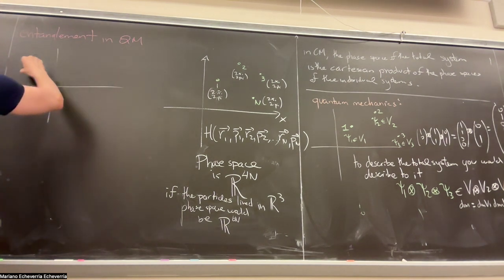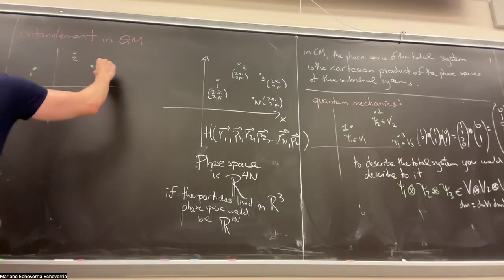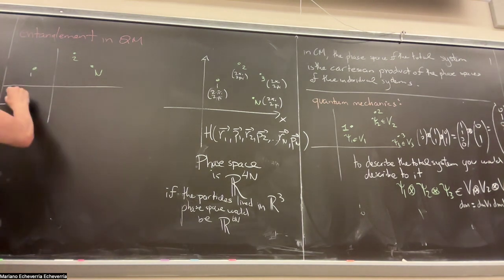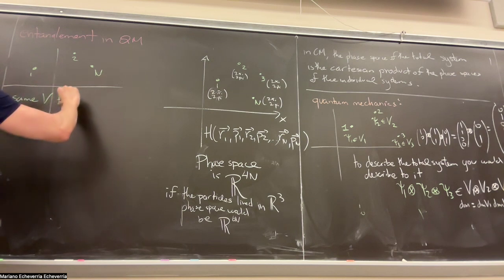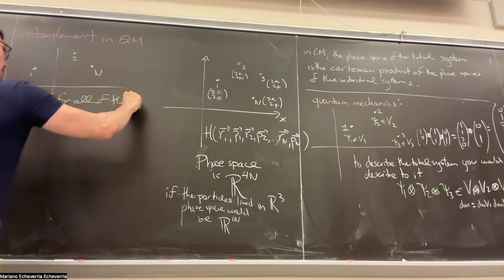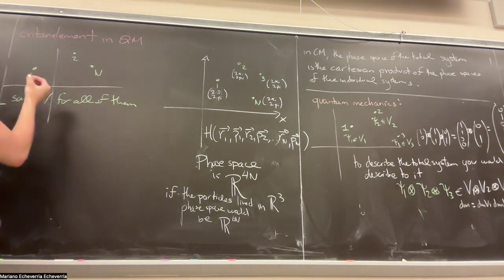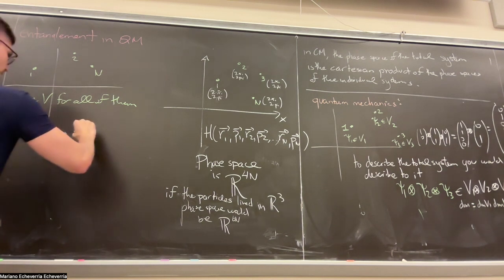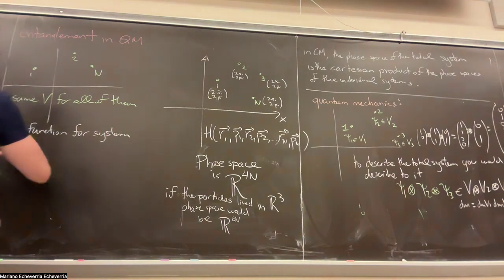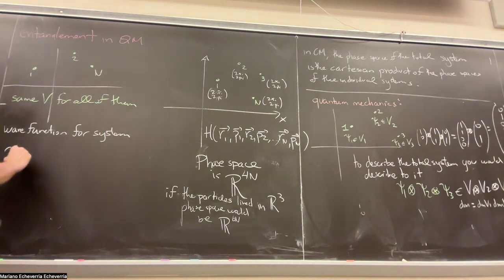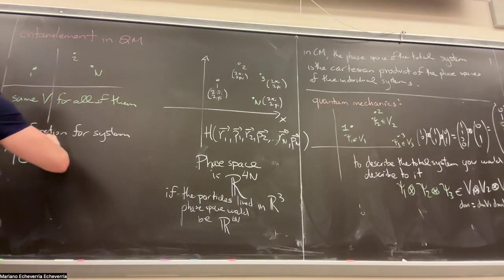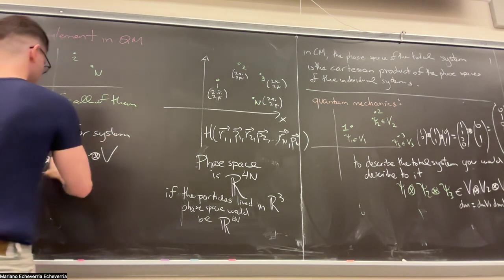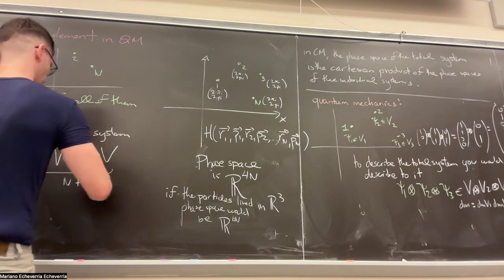So if you had n particles in quantum mechanics and all of them have the same vector space V associated, then the wave function for the system is a vector psi that belongs to the tensor product of these vector spaces, and you're doing this n times.